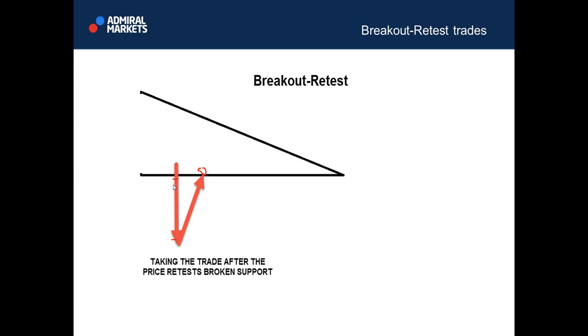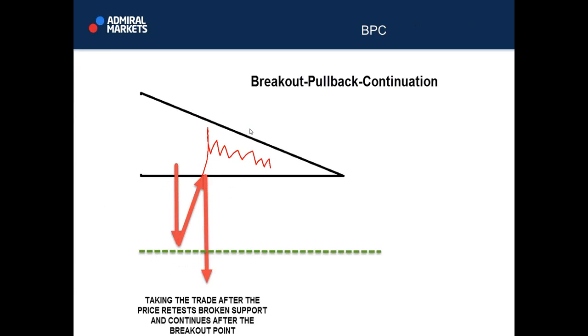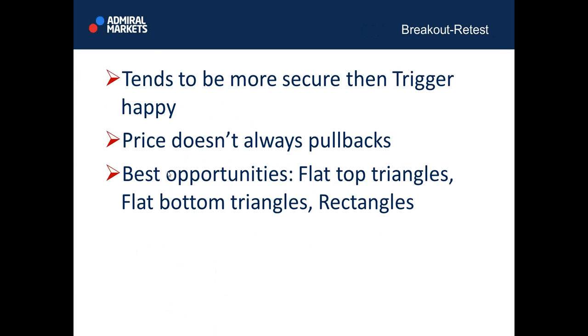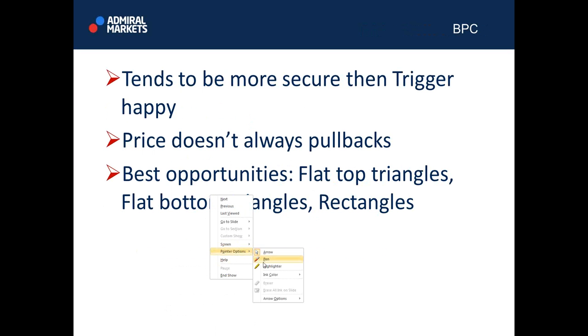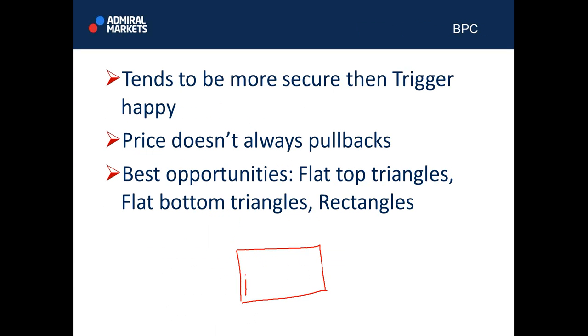But it's not the way you should trade always. And breakout retest is safer, but the price does not always pull back. Best opportunities: flat top triangles, flat bottom triangles, rectangles. Rectangles are also patterns, usually range patterns, and you wait for a breakout.